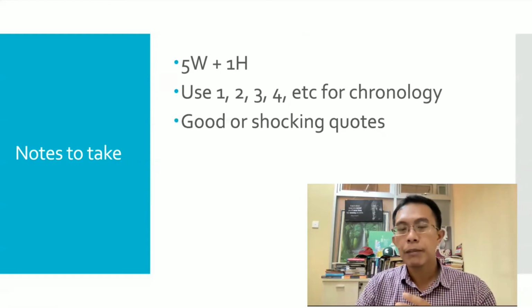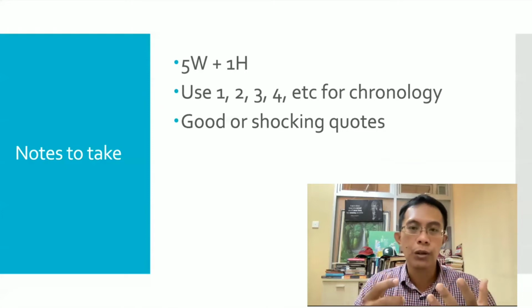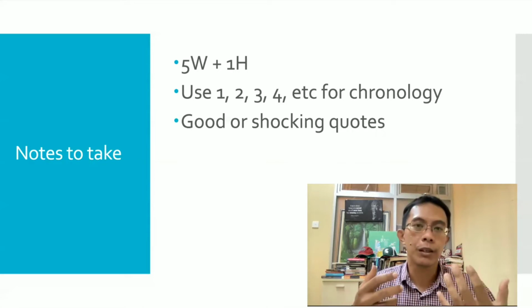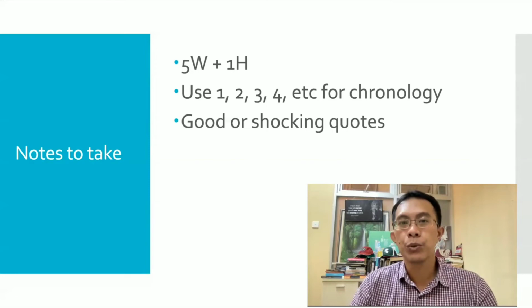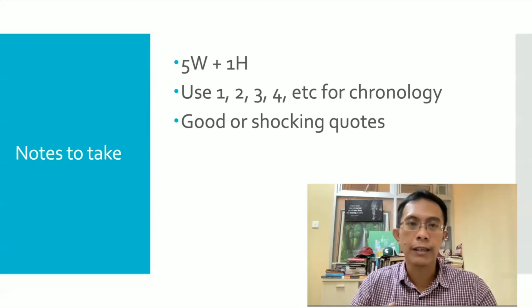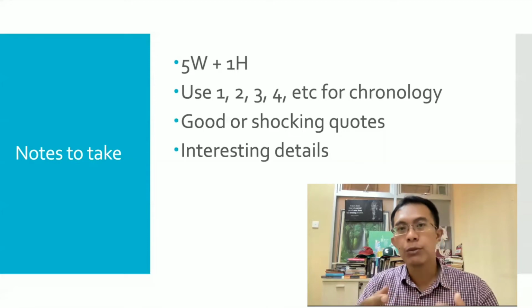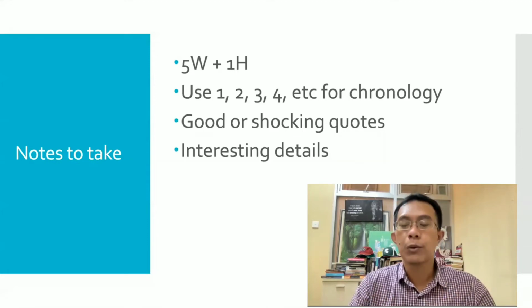It's also important to find good or shocking or surprising quotes from the person you're interviewing. The purpose is for you to use them later in your text if you use the interview as a source. And also find interesting details from the conversation. That's going to be your takeaway from this source.